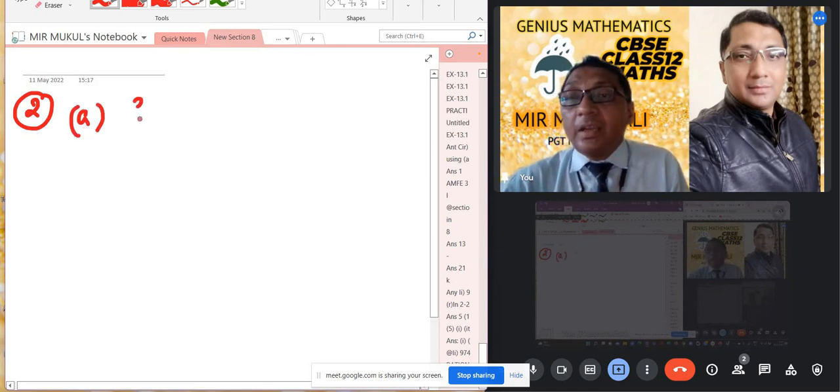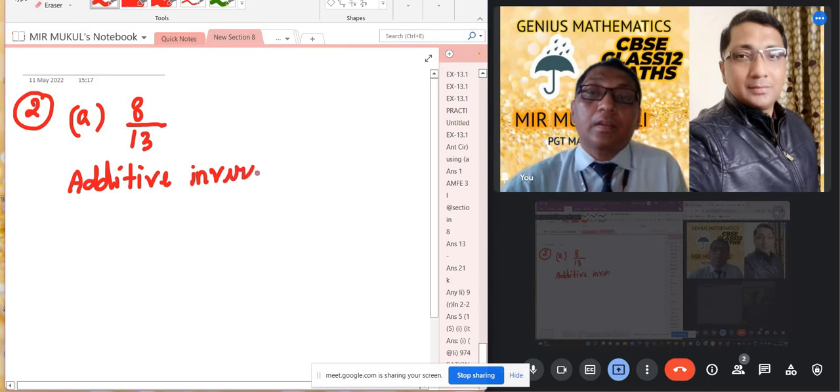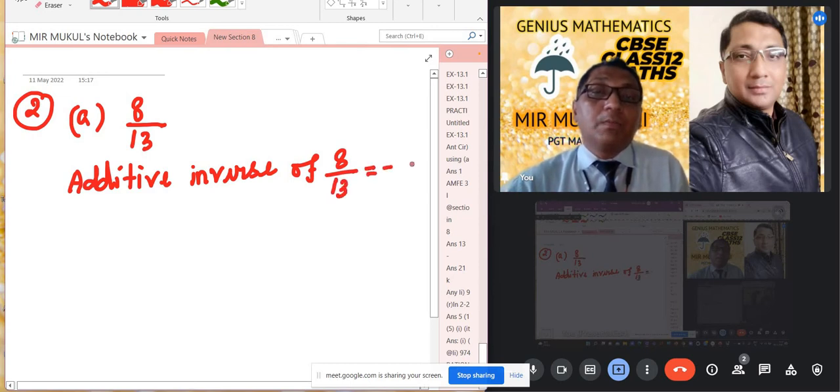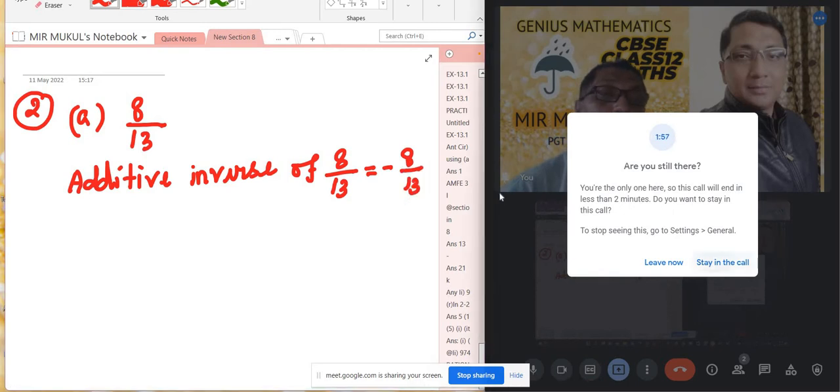So additive inverse you have to tell. So additive inverse of 8 by 13 equals minus 8 by 13, right?